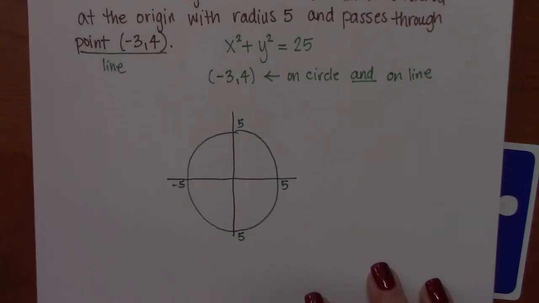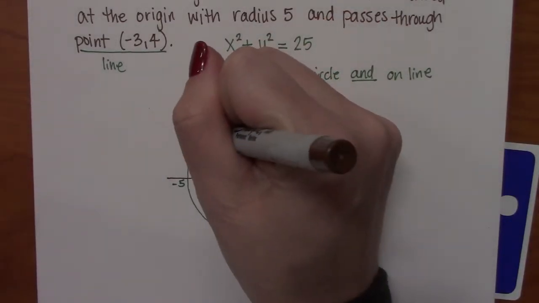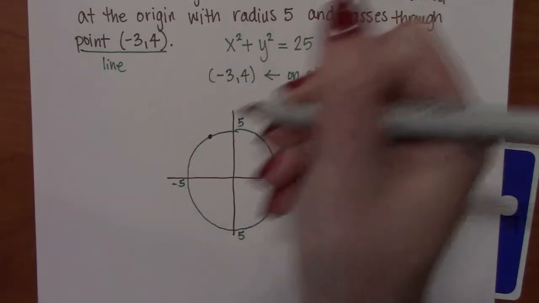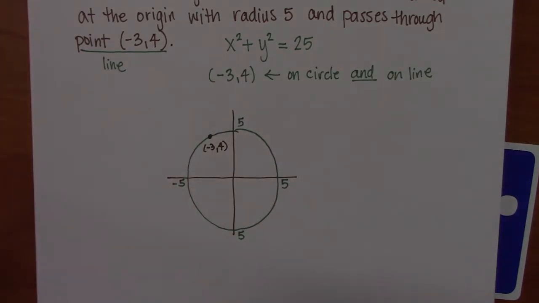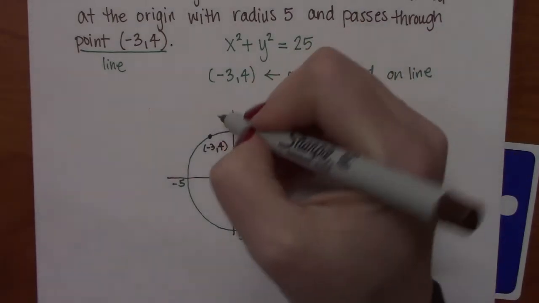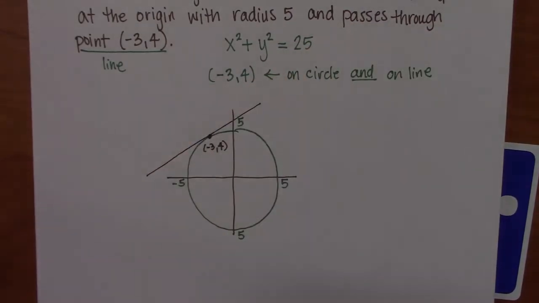And point -3, 4 is in this quadrant right here. Since we know that point's on the circle and the line, it's probably somewhere about there. Okay? So the line is going to look like this. And I want to find the equation of that line.